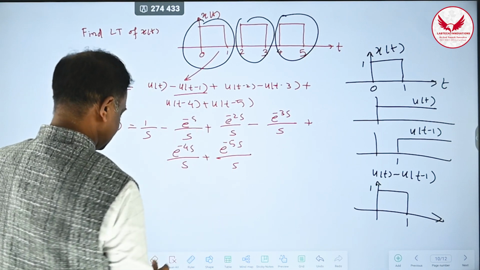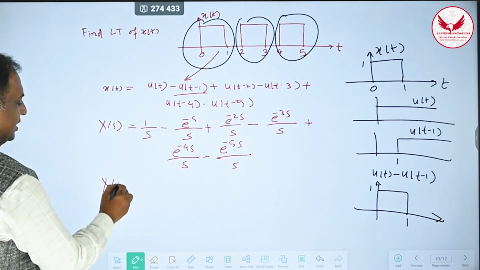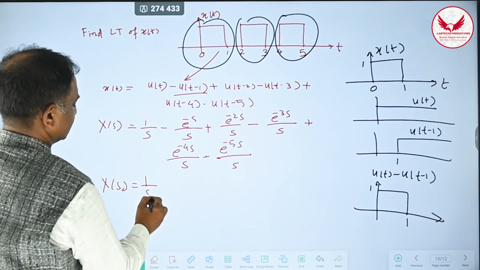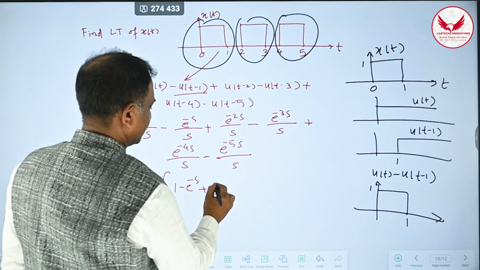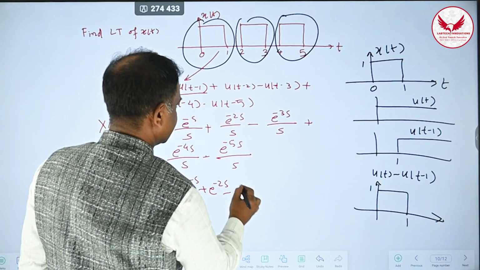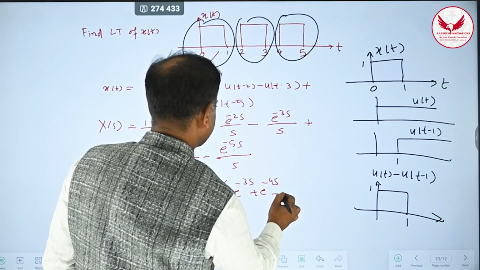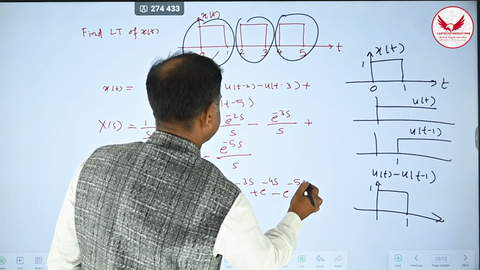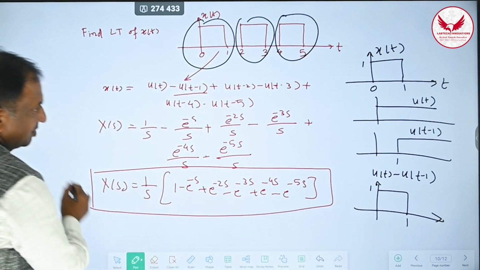So here, taking 1 upon s common, x of s is equal to 1 upon s times 1 minus e raised to minus s plus e raised to minus 2s minus e raised to minus 3s plus e raised to minus 4s minus e raised to minus 5s. So this is the Laplace transform of the above signal.